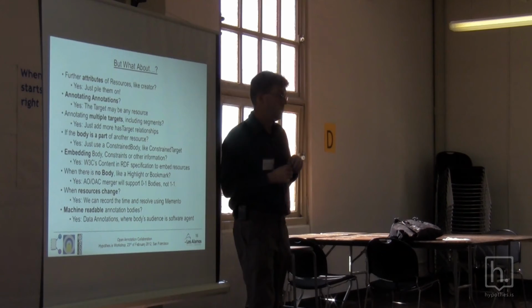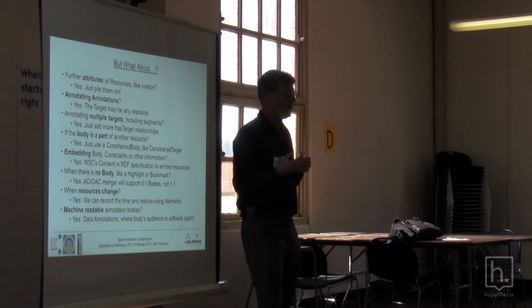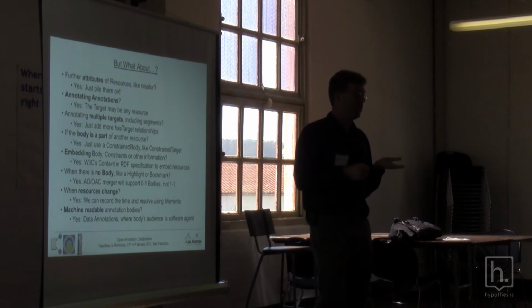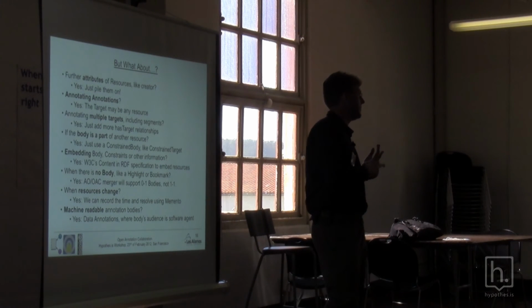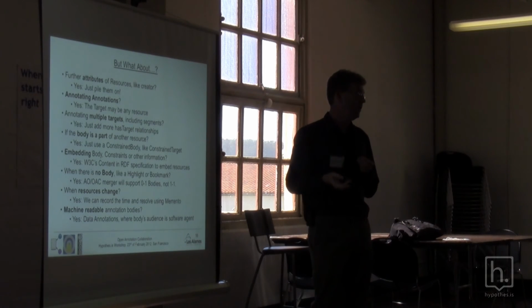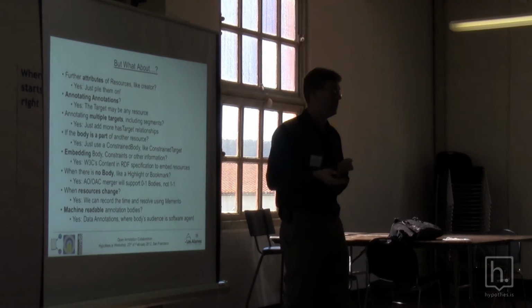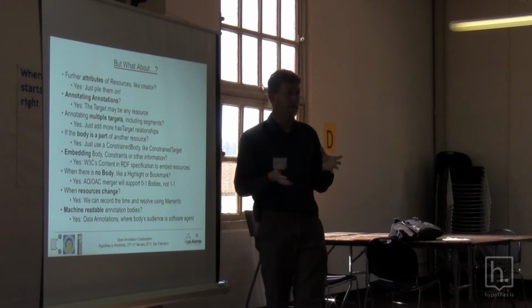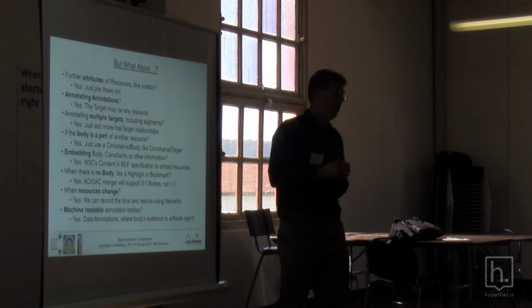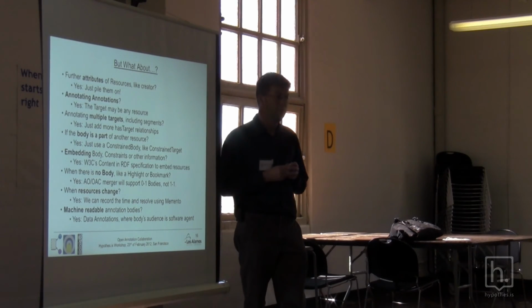So another question that came up yesterday, what happens when resources change? How do we deal with that? So we record the time of the resource at the point when it was annotated, and then we can use the Internet Archive and other Memento systems to resolve the representation that you would have got at approximately that time. And another question about machine-readable bodies.